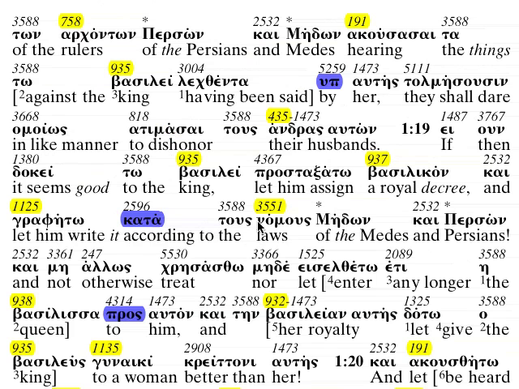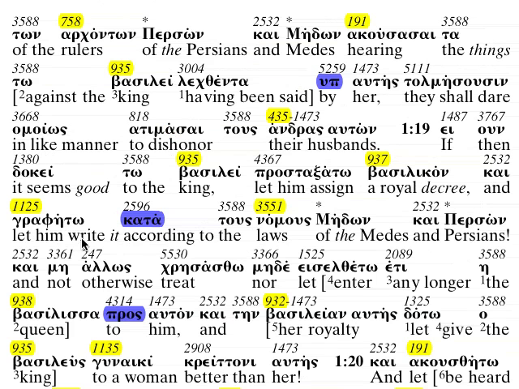If then it seems good to the king, let him assign a Vasilikon, a royal decree, and let him write, graph, a graph.